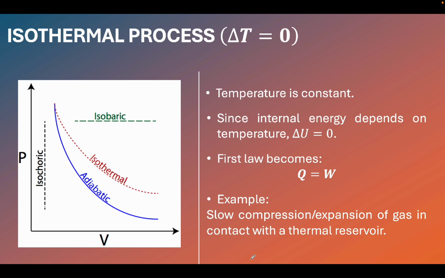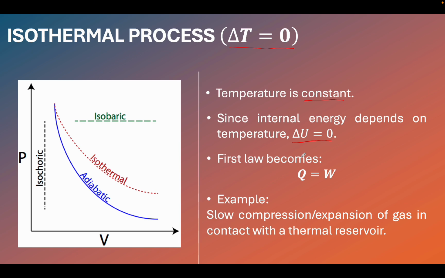In an isothermal process, delta T is equal to 0, or the temperature is constant. Since the internal energy depends on temperature, and delta T is equal to 0, our delta U, or the change in internal energy, is also 0.